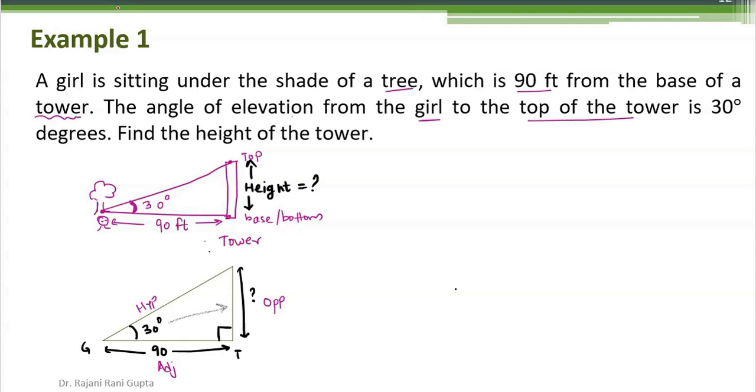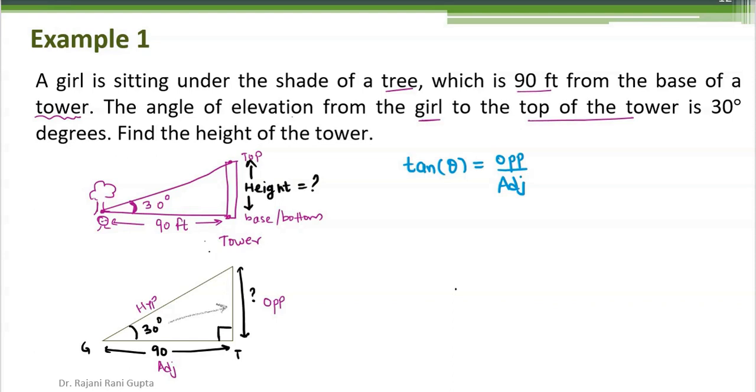Now, we need a relationship which includes the opposite side, adjacent side and the angle. We don't need the hypotenuse because the adjacent side value is given, the angle is given, and you need to find the value of the opposite side. So, for this example, we use the trigonometric ratio tan of theta, which is opposite side over adjacent side.